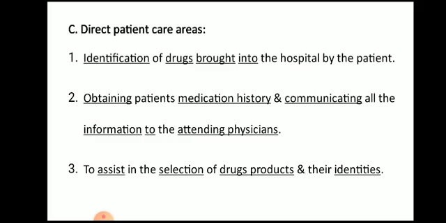Problems means the different symptoms and signs of the disease, so they have to make a proper record of all these details, and communicate, meaning send or give, the same collected information to the physicians who are attending that department.